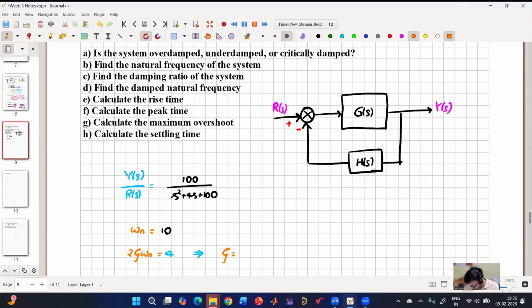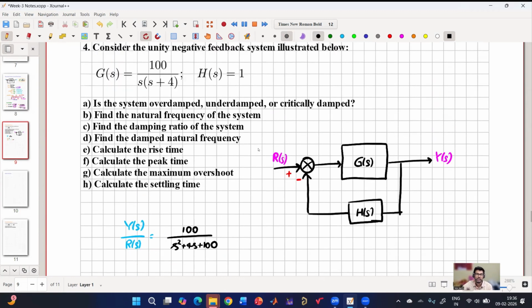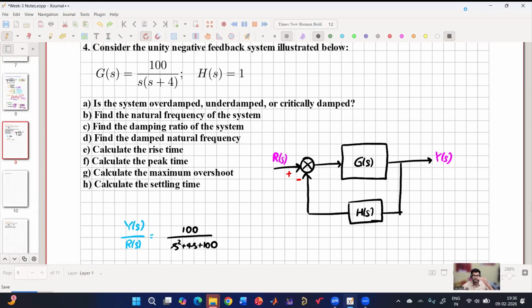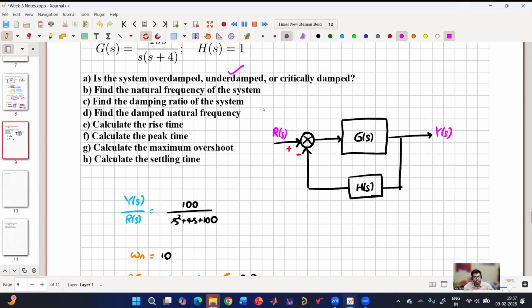That is 0.2. Very good. So now tell me whether the system is overdamped, underdamped or critically damped. Underdamped. Very good. So the system is underdamped because zeta is lying between 0 and 1. And how much is the natural frequency of the system? 10 radians per second. Very good. And what is the damping ratio that we got?